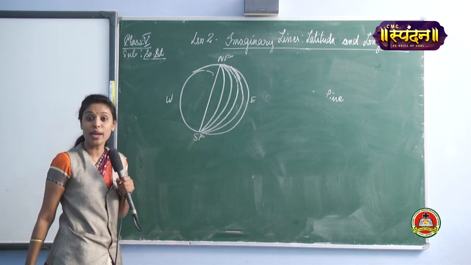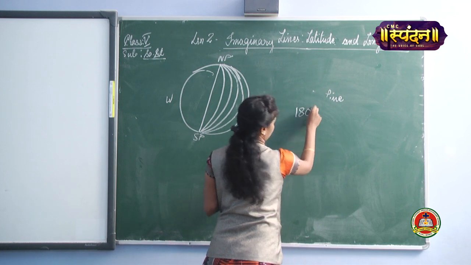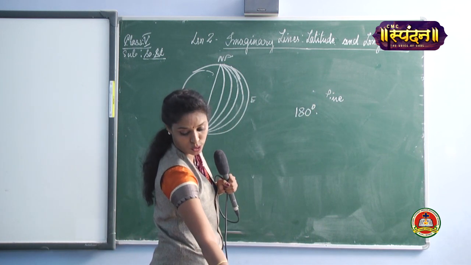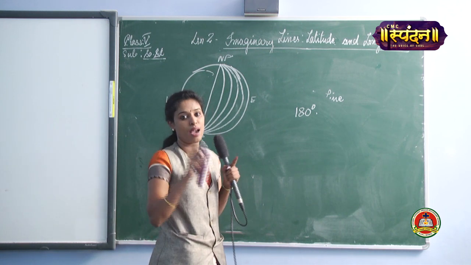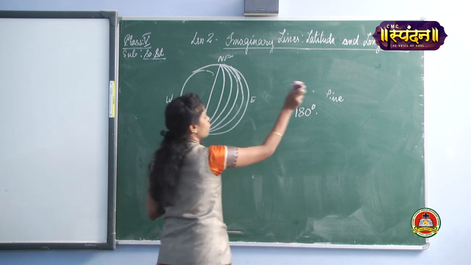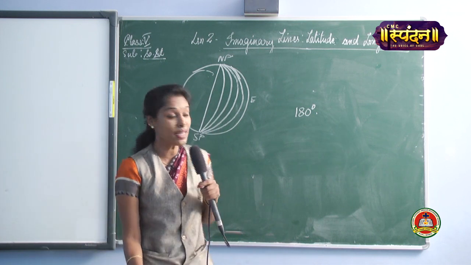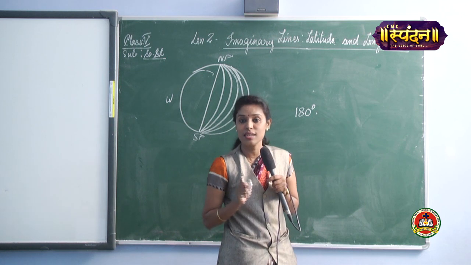It is 180 longitudes. Yes? Now this 180 longitude is the same longitude. That means from the east side and from the west side, we have only one longitude, and that is your 180 degree longitude. And this longitude is called your international dateline.